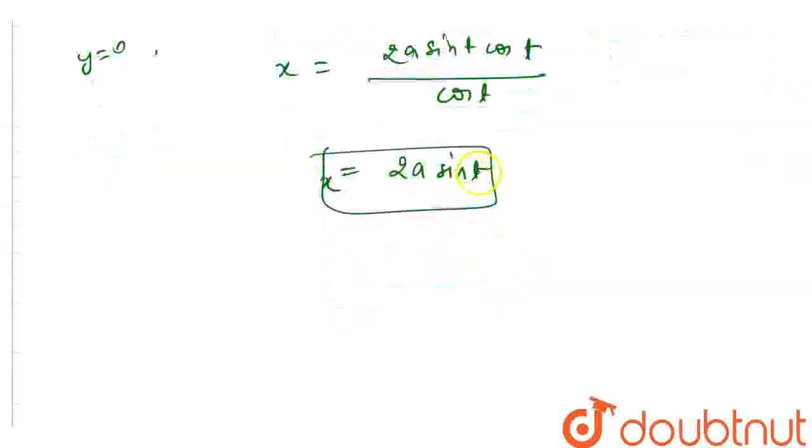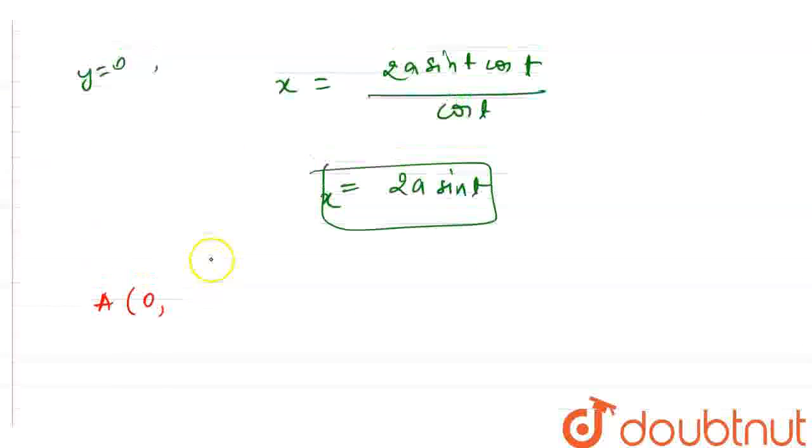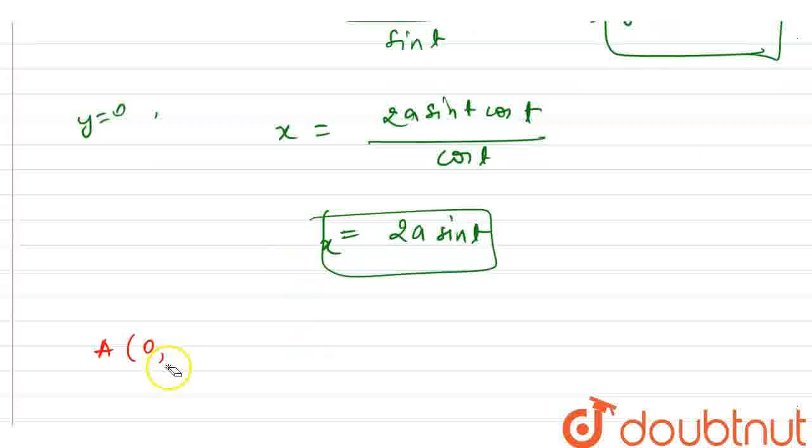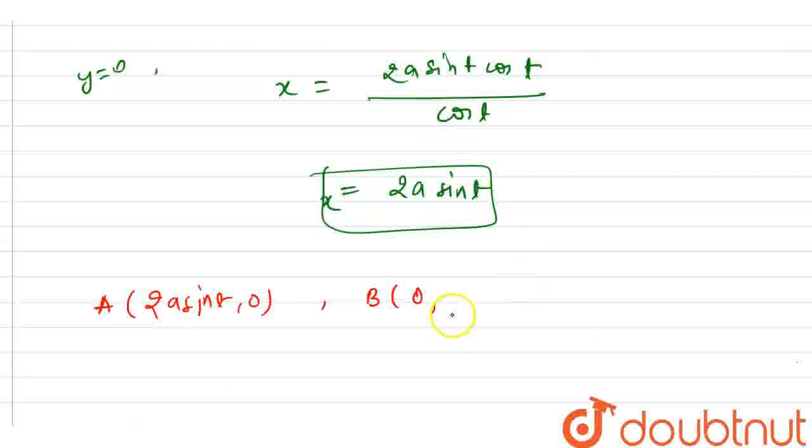So from here I can say that the coordinates are, let's suppose my A coordinate, on putting this y equals to 0, I'm writing first coordinate, it is 2a sin t comma 0. And second point, let's suppose B is 0 comma 2a cos t.